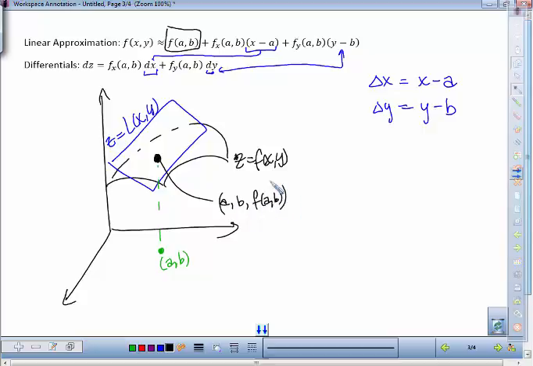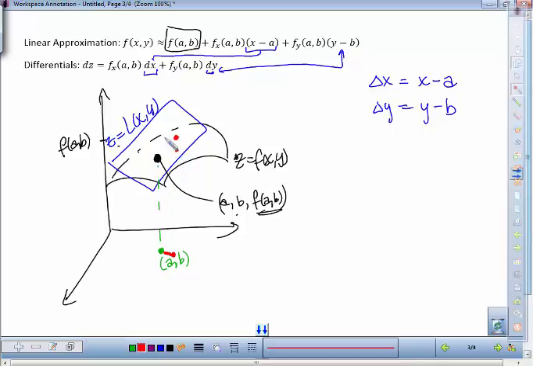The important part about this point is that you have a z value of f of AB. So that's f of AB, kind of gets you there. If you go a little bit off of AB, this point in the domain that's a little bit off of AB is going to hit the surface and will hit the plane.